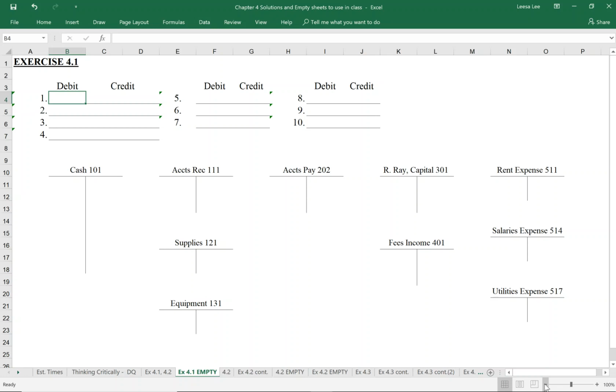All right, looking at the first transaction, it reads that we gave a cash refund of $750 to a customer because of a lost package. The customer had previously paid cash. I'm going to explain using the T accounts, and then we'll put the answer up top.